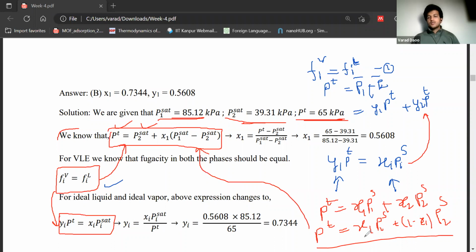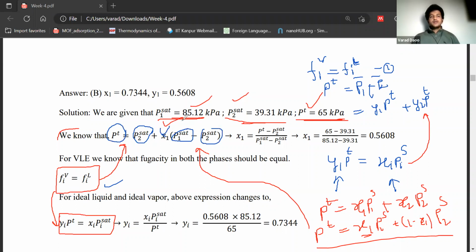You club together the x1 terms, so you'll be getting this expression. Now you know P2s, you know Pt, we know P1s. So this is known, this is known, this is known. P2s has been given, P1s is known, and Pt is also known.